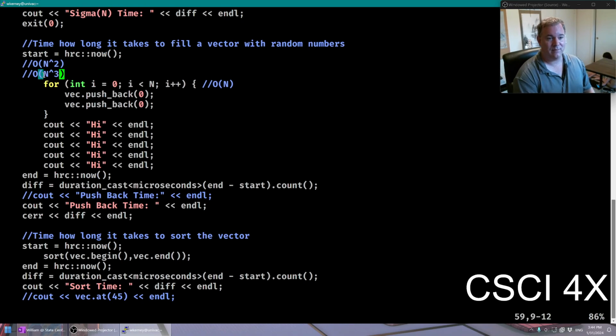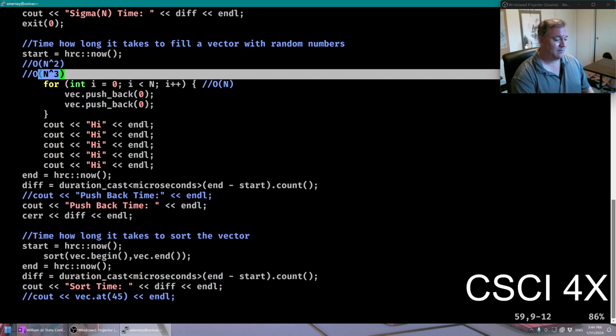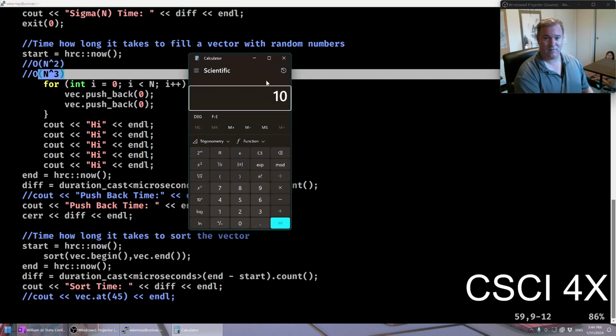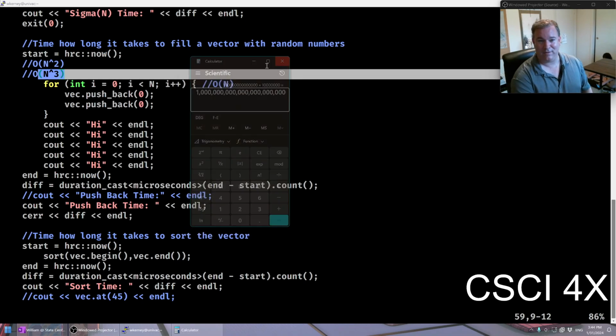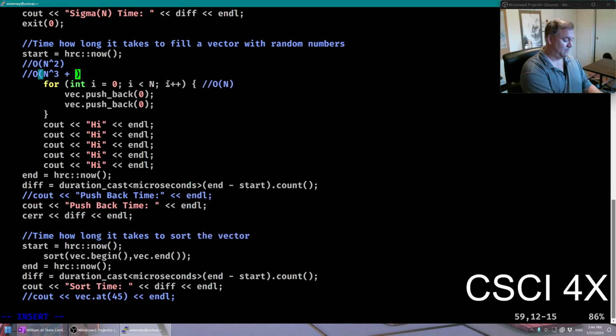When you have 10 million, 10 million cubed is way, way bigger than 10 million squared. In fact, it's 10 million times bigger. So that extra term with the 10 million squared is literally 1/10,000,000th the size of this. And that's only at 10 million, which is not really that big a problem size. So it's a trivial, insignificant amount of time added on to the whole thing.